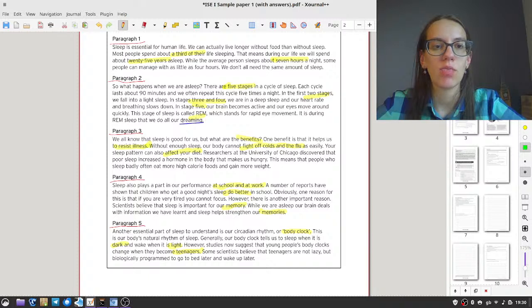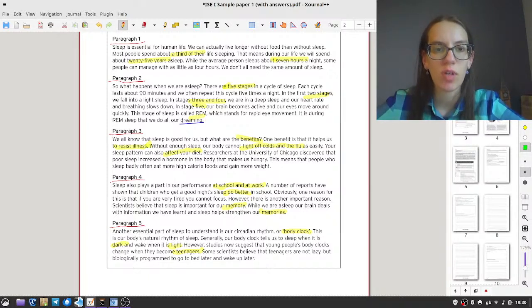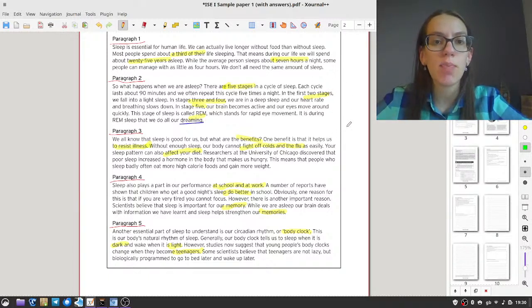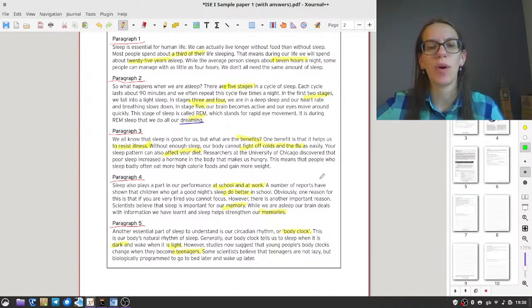So I would suggest that probably paragraph 1 or paragraph 5. Yeah, we don't really... So paragraph 2 was about stages of sleep. Probably not there. Paragraph 3 about health, and paragraph 4 about learning. So either 1 or 5.